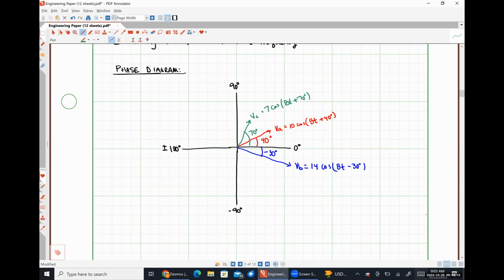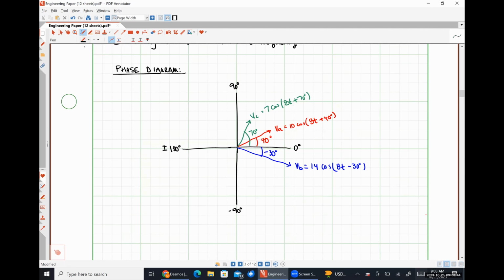So when we look at a phase diagram like this, signals that are counterclockwise of our signal of interest are leading, and signals that are clockwise from our signal of interest are lagging. So let me explicitly write something down here so we can see what this means.